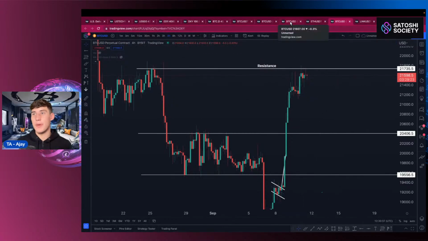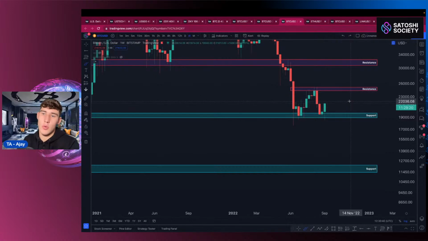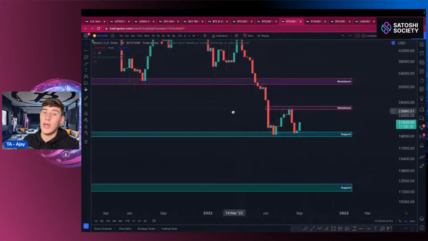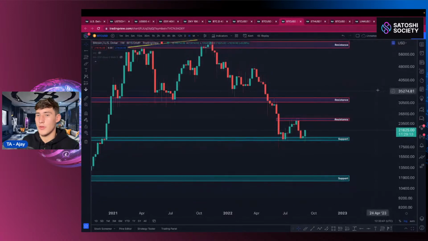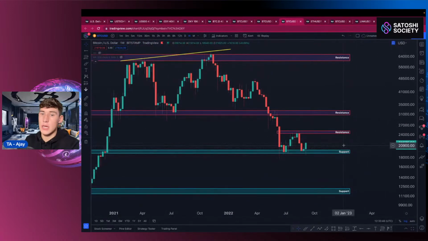Taking a look at the bigger charts, what we can see here on the Bitcoin weekly chart is it looks like we are potentially forming this double bottom pattern. Now, it's not confirmed that we are forming this double bottom pattern because we could create a lower high from this high here and form some sort of descending triangle.